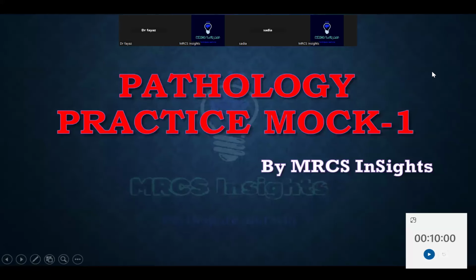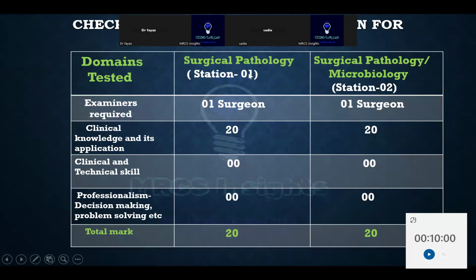Before starting, let's have some overview about pathology. There will be 2 stations in OSCE. We already all know that. One station will be about surgical pathology and another station will be about surgical pathology or microbiology.